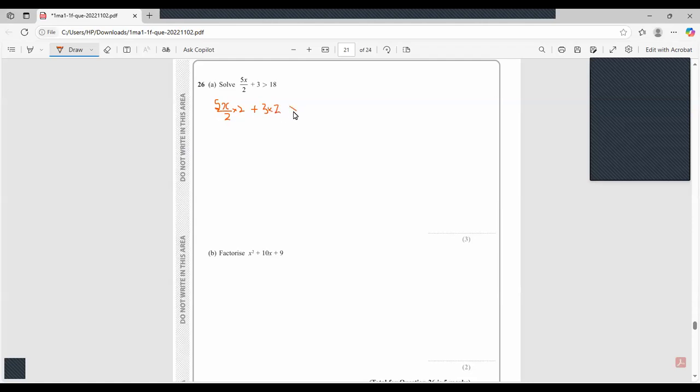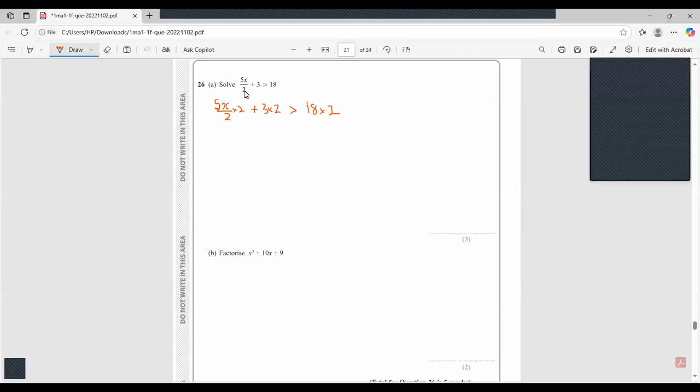You now put your sign there, greater than 18 times 2. Now remember, this step that we just took was because the denominator for 5x over 2 is actually 2.